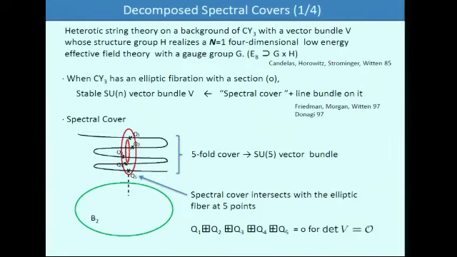We consider heterotic string theory on the background of a Calabi-Yau threefold with a vector bundle on it. Then we obtain an N=1 4-dimensional supersymmetric field theory with some gauge group G, which is a commutant in E8. If we further require this Calabi-Yau threefold to have an elliptic fibration, then we have a nice construction of a stable SU(N) vector bundle using the spectral cover formalism.